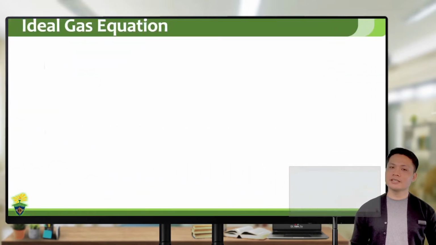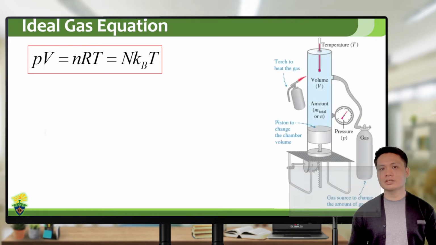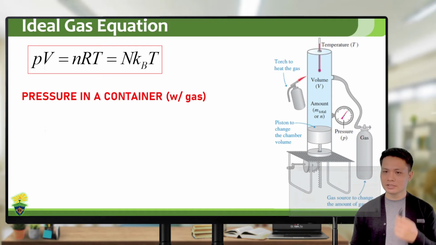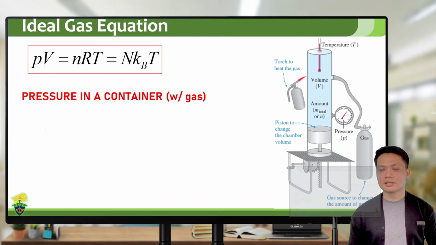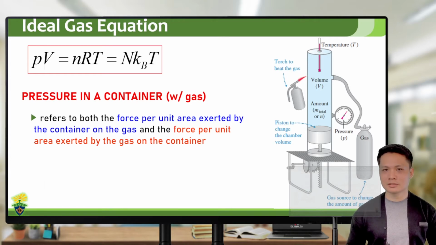Now, for the ideal gas equation we introduced, we will consider a certain gas inside a container of fixed dimension, a rigid container. Now, there is a situation here which relates to our previous knowledge about the interaction of two objects.